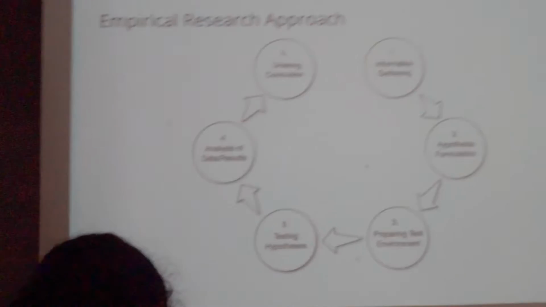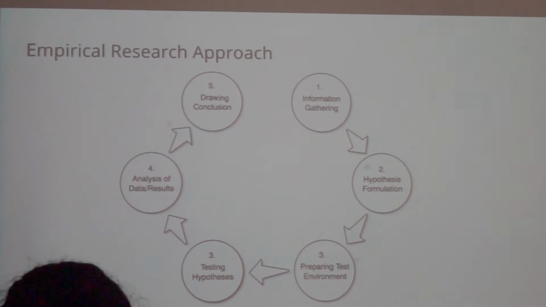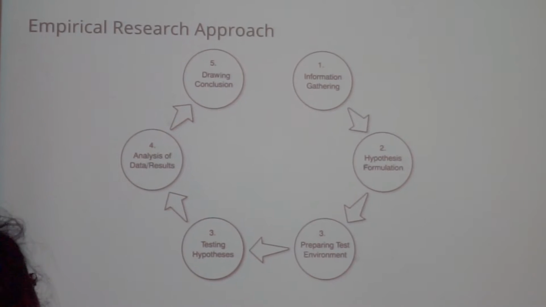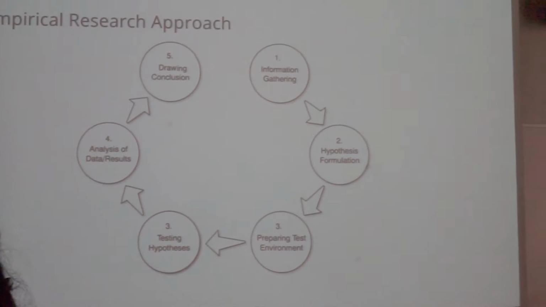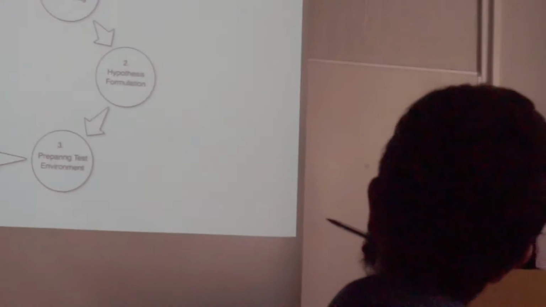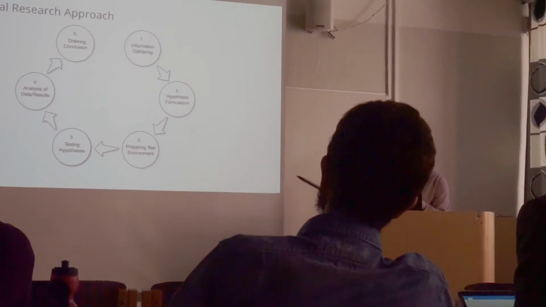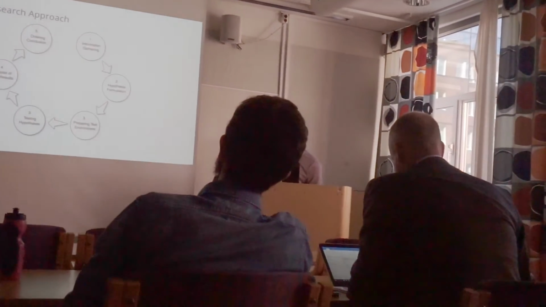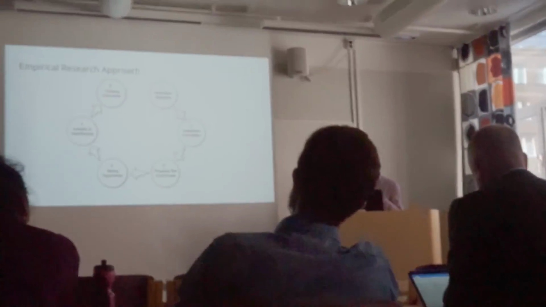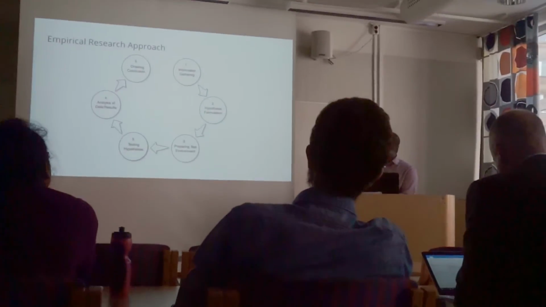So I started with information gathering, in which I remember we had a couple of workshops where I had to talk to the employees of the company, and they told me about the actual industrial implementations that they are using, different protocols, and how this works. And then I had to do some hypothesis formulation, in which I had research questions and hypotheses that I wanted to actually test.